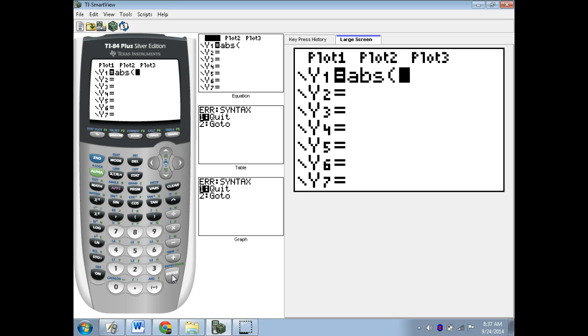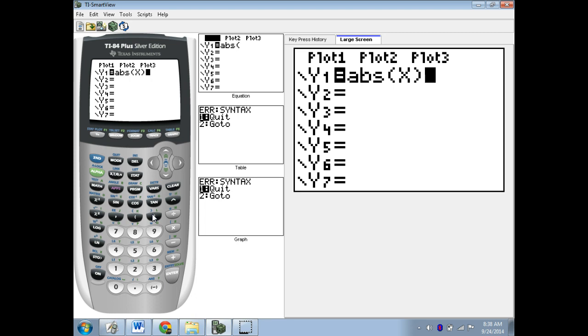Now, those of you with the new operating system will probably actually have the absolute value symbols there, the straight lines on each side. And once again, to put in X, we hit this variable button that's right next to the alpha button. So we have absolute value of X.